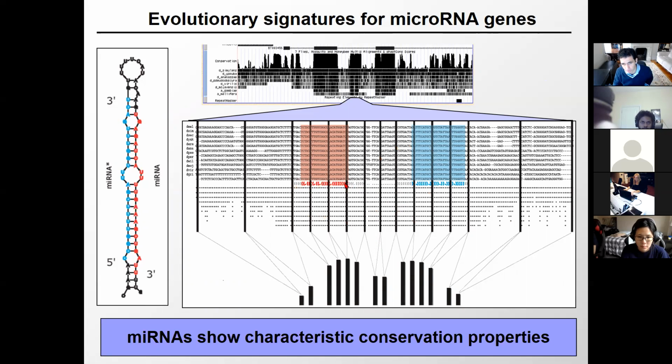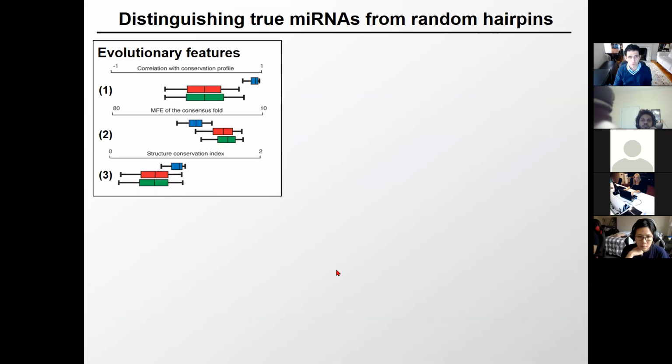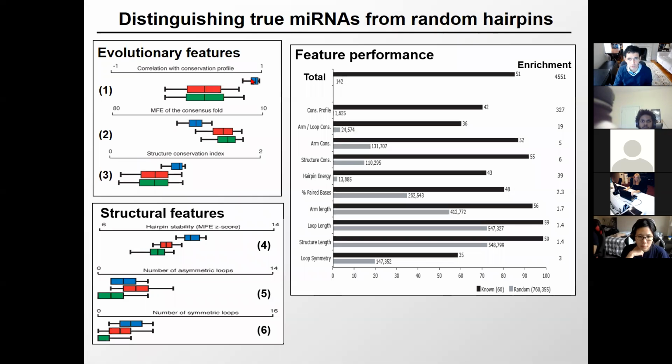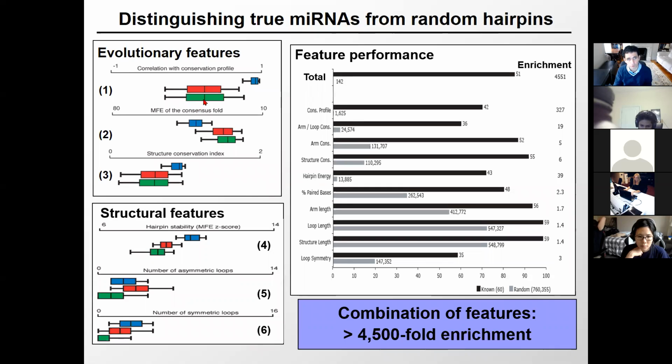The fact that there's this one side of the hairpin, another side of a hairpin, and then the loop at the end, which is less conserved, and then the stem outside, which is less conserved. So this conservation profile is one of the evolutionary signatures that we can use. And you can see here that true microRNAs have much stronger correlation with the conservation profile compared to random controls.